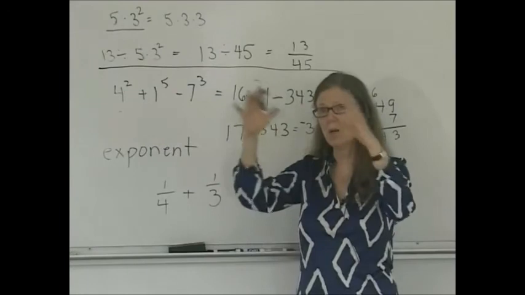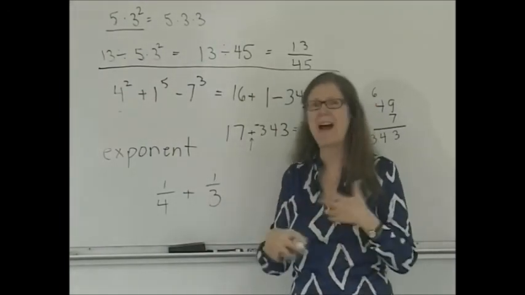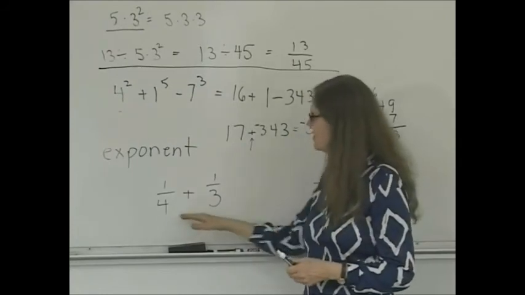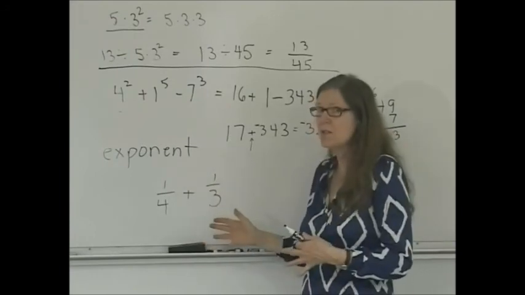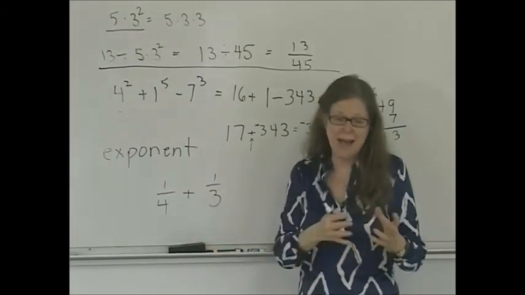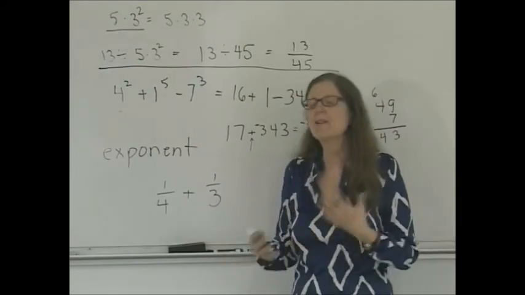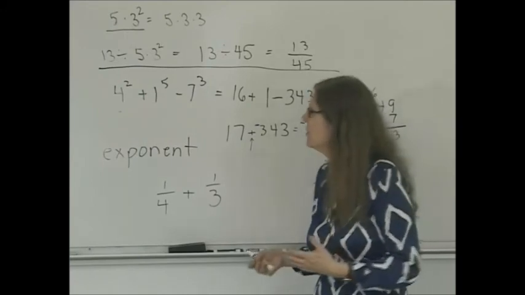Because picture a pie, a fourth of the pie, or a third of the pie, they're different things. So you cannot add these directly. I don't have 2/4 and I don't have 2/3. Just like if I'm trying to add an apple and an orange, I don't have 2 apples and I don't have 2 oranges. They're different things, and I can't add them together directly.